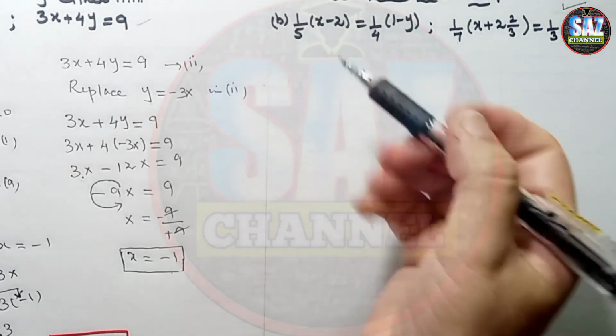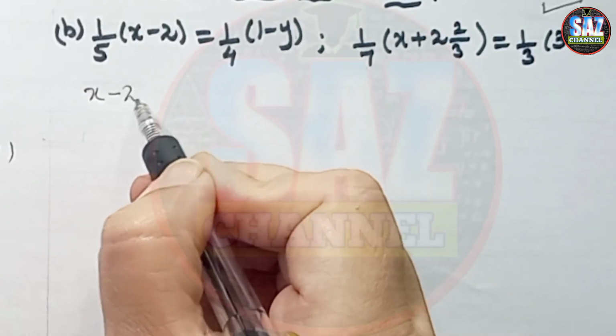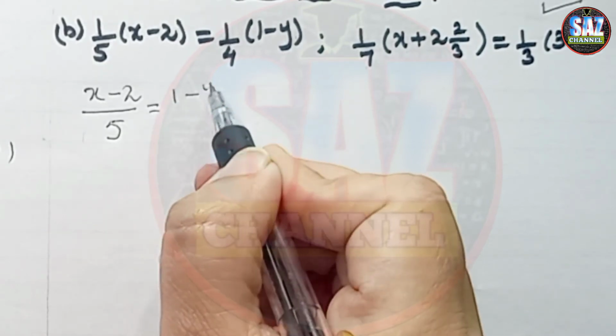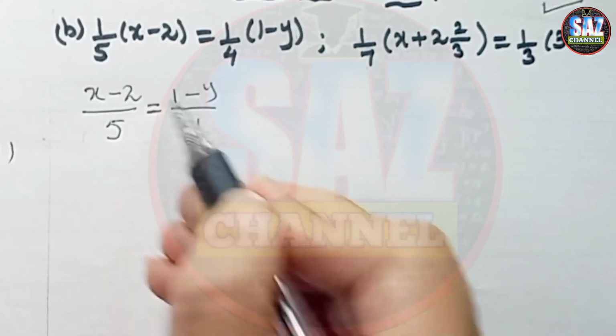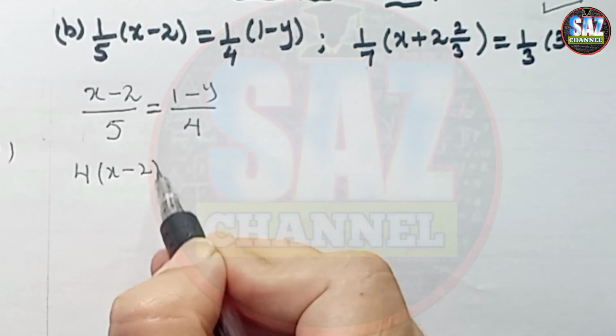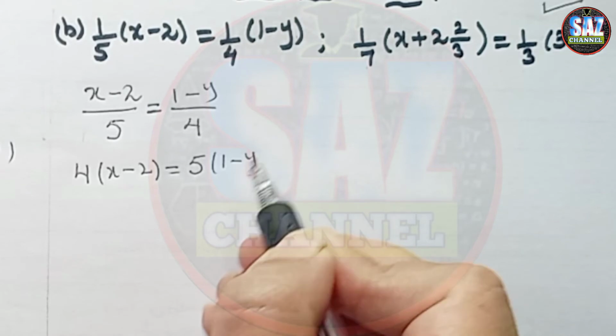So let's take equation 1 first, and equation 1 is x minus 2 by 5 equals 1 minus y by 4. Go for cross multiplication, so 4 will be multiplied by x minus 2 and 5 will be multiplied by 1 minus y.